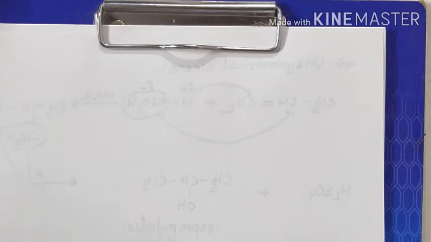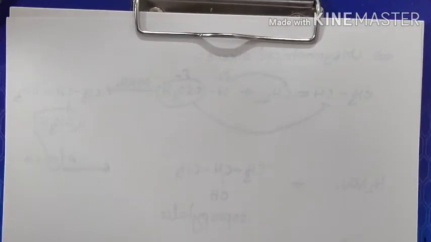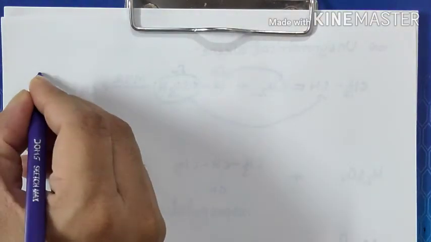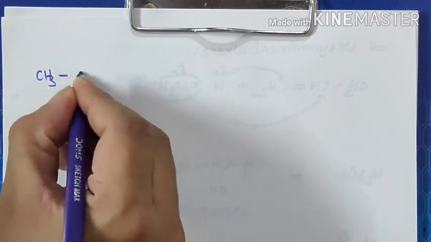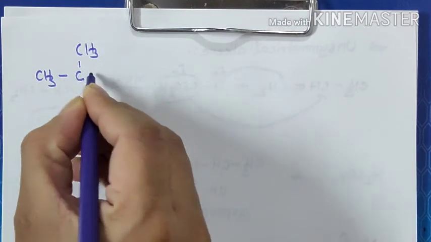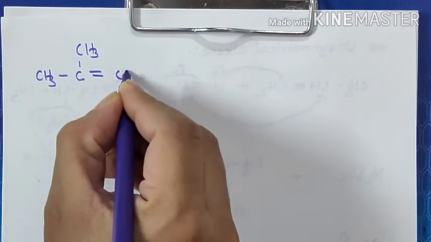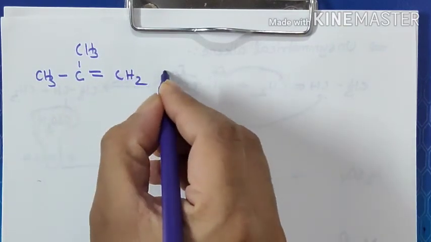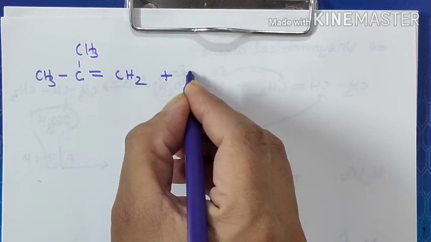This is a shortcut. Suppose I have this reactant, CH3-CH=CH2, and I treat it.